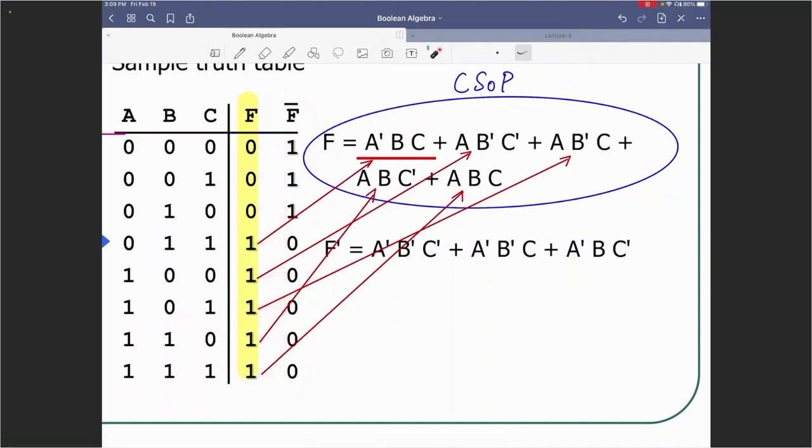And if I was interested in writing a canonical sum of products expression for F complement, I would say F complement equals A complement and B complement and C complement, or A complement and B complement and C, or A complement, B, and C complement. And that gives you those three. Right? So let me identify those three in a box here and a box there.